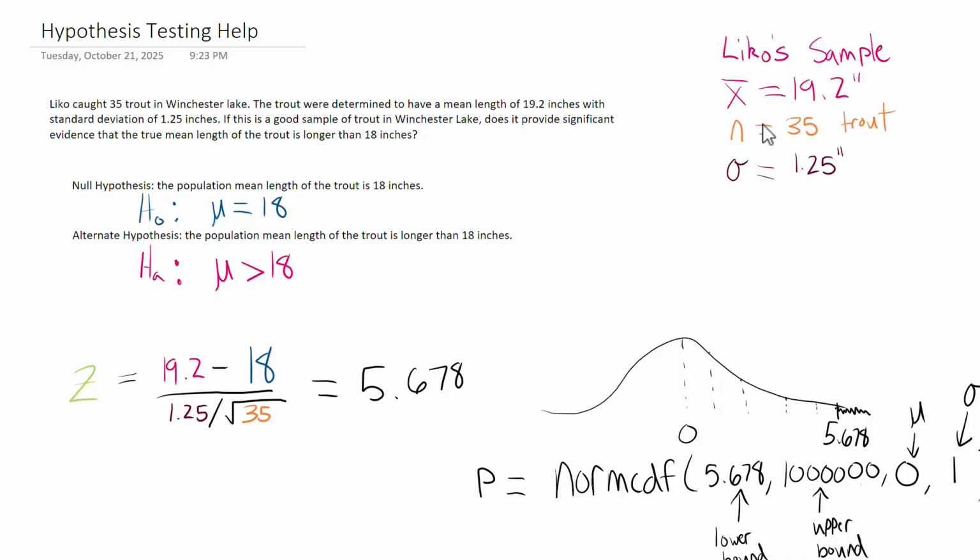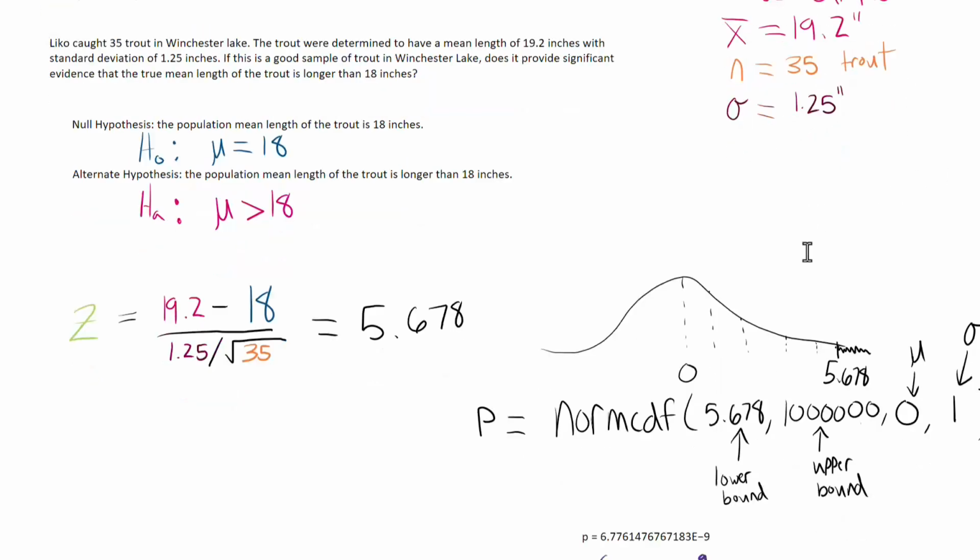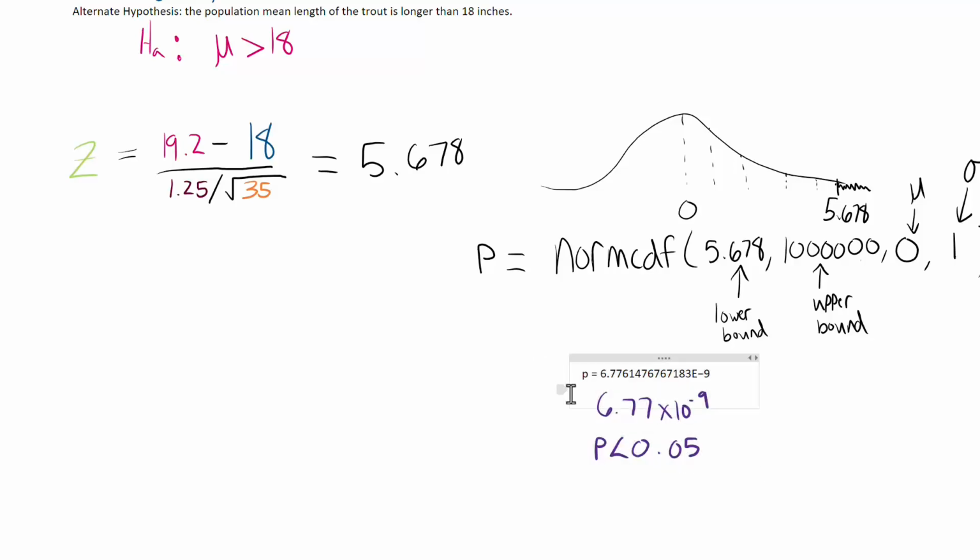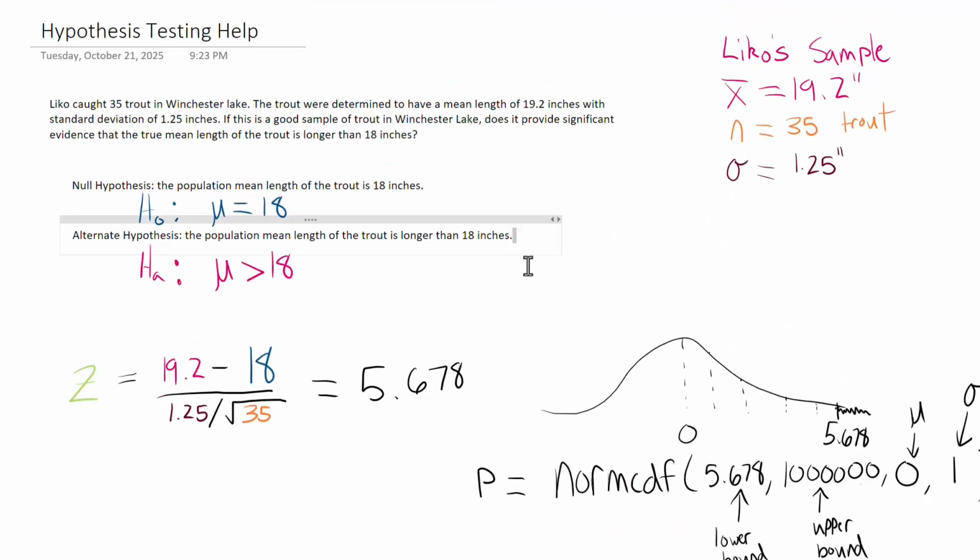The technical definition is, with this sample, if the true average length of all trout in Winchester Lake were actually 18 inches, the p-value could be looked at as the probability of catching this sample of 35 trout with a mean length of 19.2 inches or longer just by random chance. We're saying that's probably not random chance based on this p-value, meaning this hypothesis is what we would accept, and there's statistical evidence in favor of that.